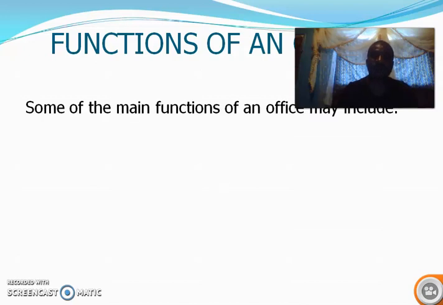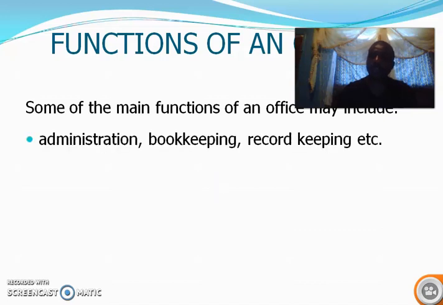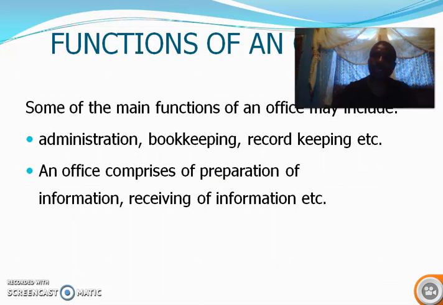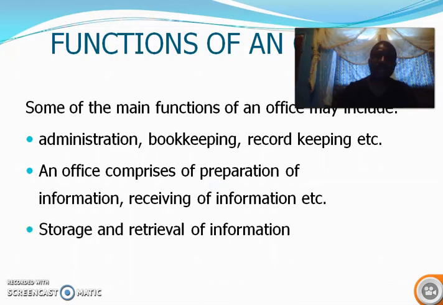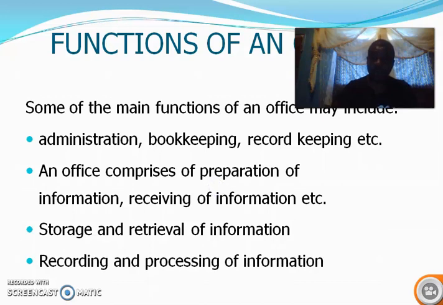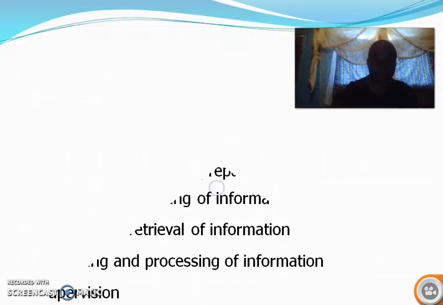So we have the main functions of an office that may include administration, bookkeeping, record keeping, etc. An office comprises preparation of information, receiving of information, etc. An office can also provide functions of storage and retrieval of information. An office can provide functions of recording and processing information as well, and it can be used for supervision.